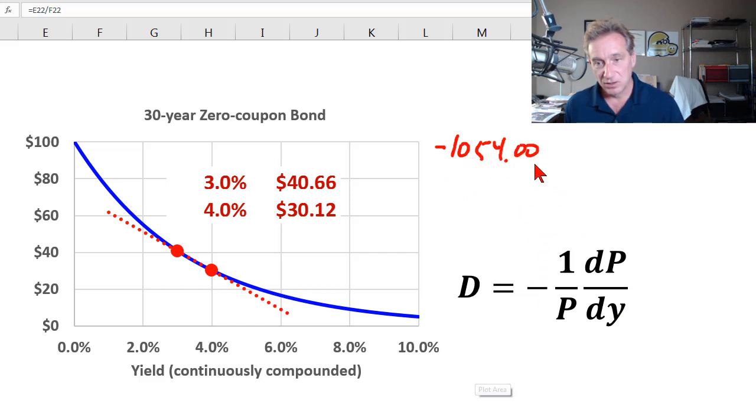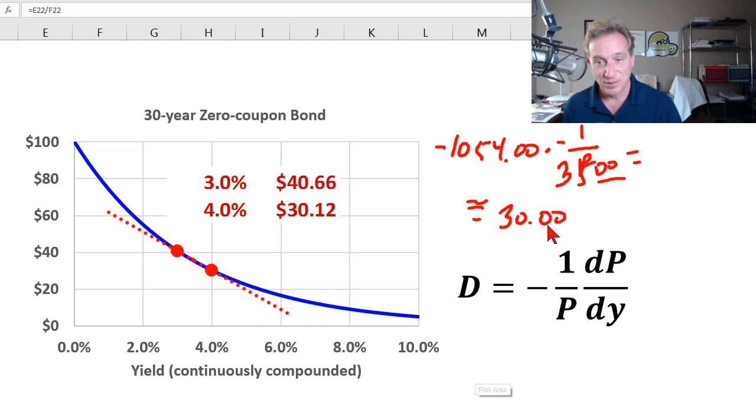And then we're going to multiply that by negative 1 divided by the price. And that's the price at 3.5%, which is about $35. So I'll just write that in above in place of it. And so this is going to end up being pretty close to 30 years, which is our effective duration, right?